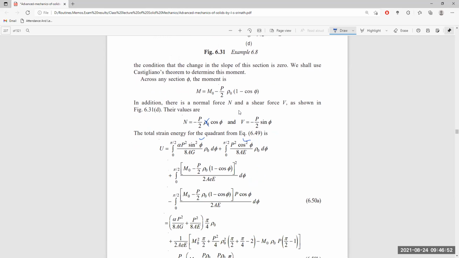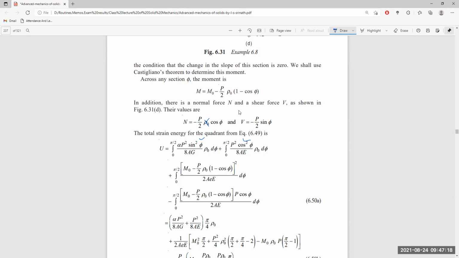And thirdly, this is the bending moment acting on a surface which is already deformed by the original normal force. So this is the M N divided by 2 A E d phi, the fourth term itself.